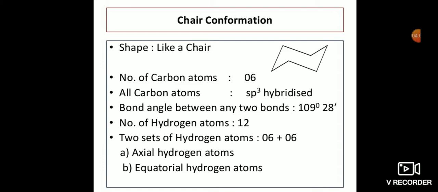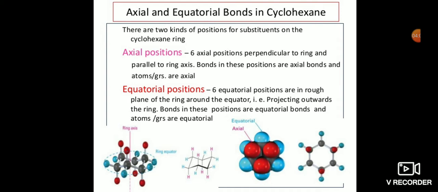Now we will see the next slide: axial and equatorial bonds in cyclohexane. There are two kinds of positions for substituents on the cyclohexane ring, which we have discussed earlier.